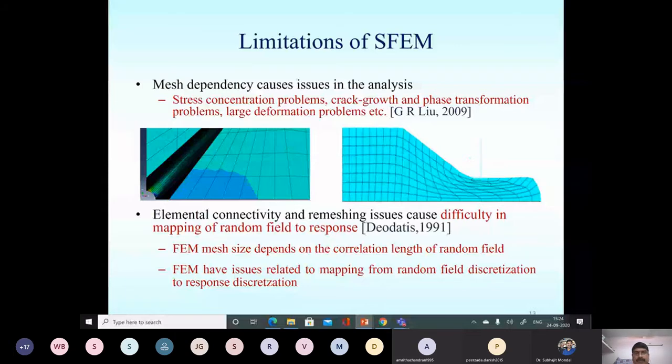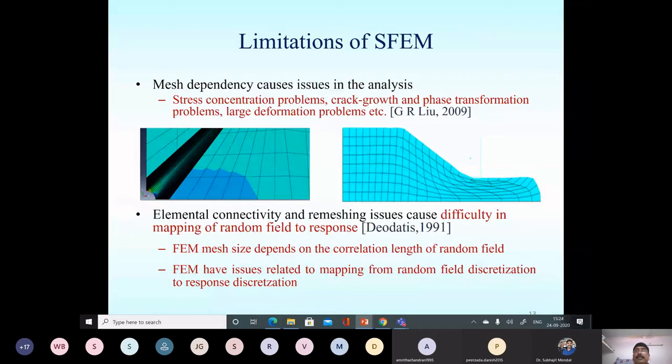Now I will concentrate only on the stochastic aspect. Stochastic FEM gives me difficulty here. When I say stochastic, it can be two different things: you can deal with random variables, or you can deal with random fields.